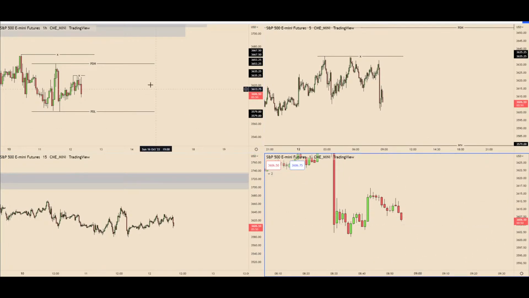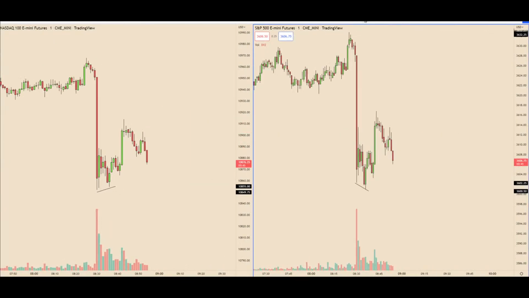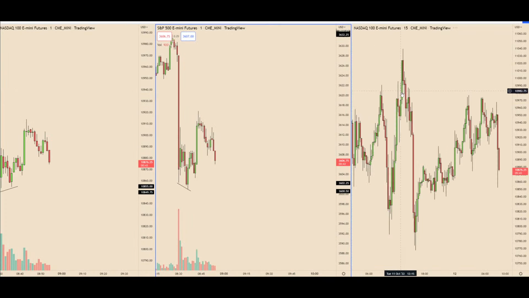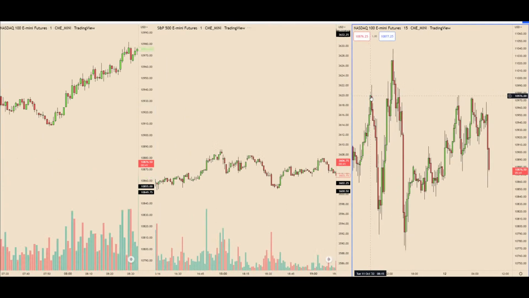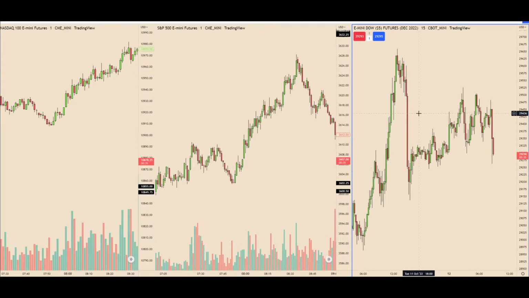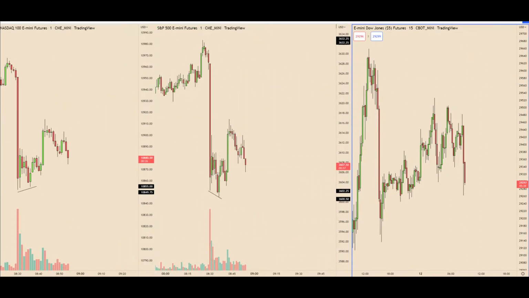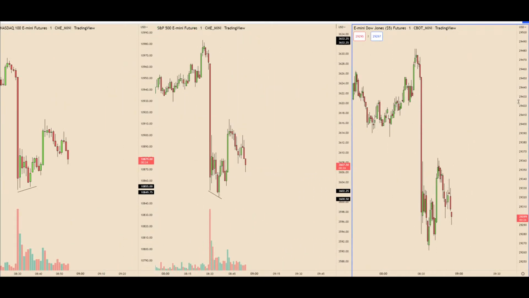Can you check US 30? Yeah, I can pull up US 30 here. We'll actually just do this. So this is on the 15 though. Let's be on the 1.